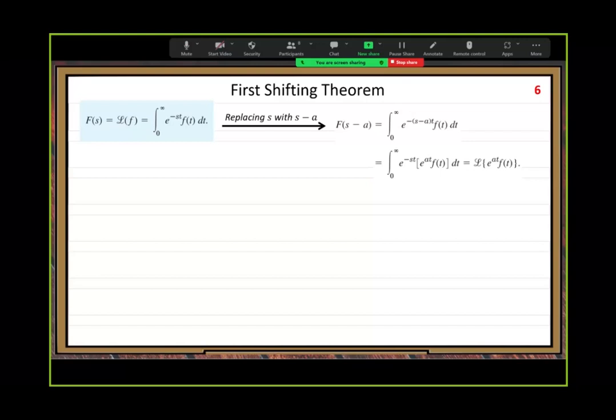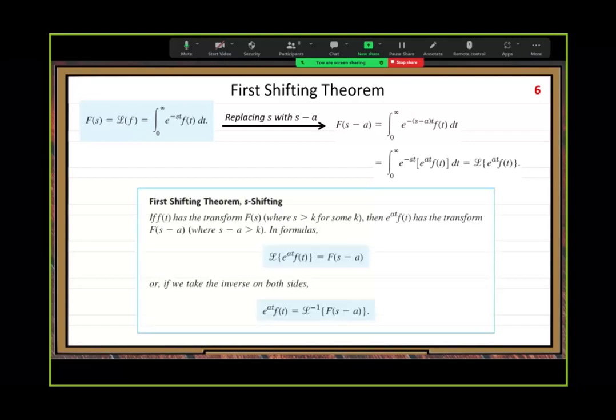This is a pretty simple, straightforward property. So that's our first shifting theorem. When you do the Laplace transform, if you see an e term like that multiplying some function, you can use this formula.